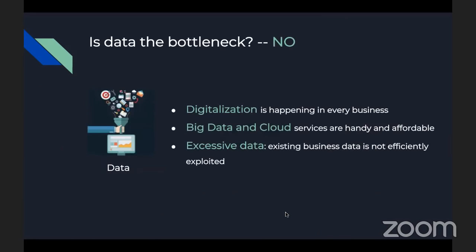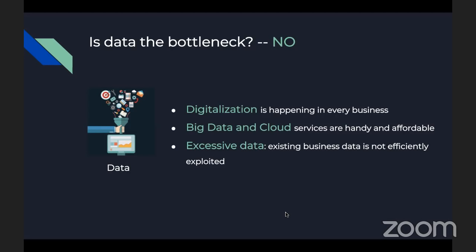First, is data the bottleneck? We don't think so. Data is already very plentiful, and digitalization is happening in every business. Big data and cloud services are very affordable and handy, even for very tiny startups.